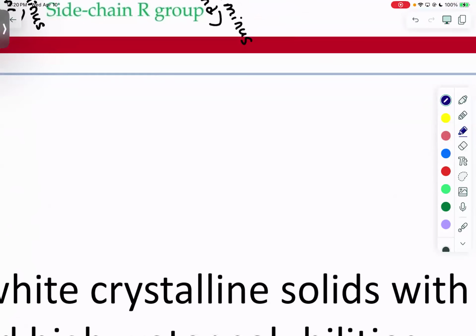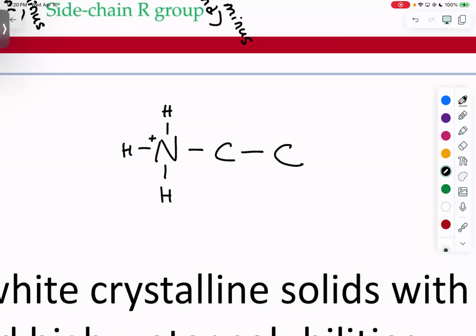So our backbone is a nitrogen, a carbon, and a carbon. And the nitrogen is going to have either 2 or 3 things attached to it, right? But we said if we're at a neutral pH, then we're going to carry a positive charge on the nitrogen.